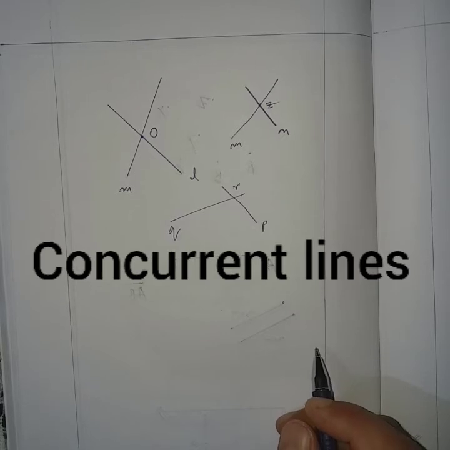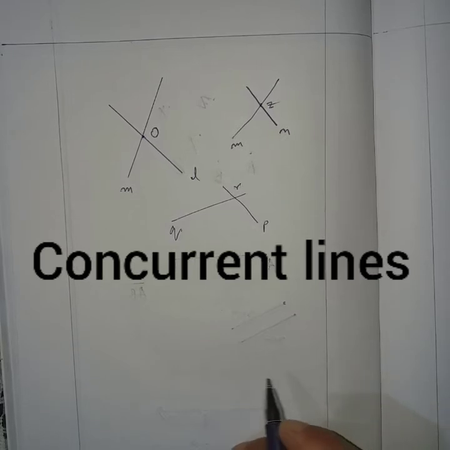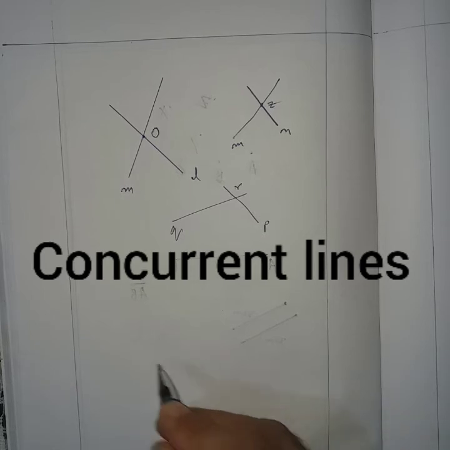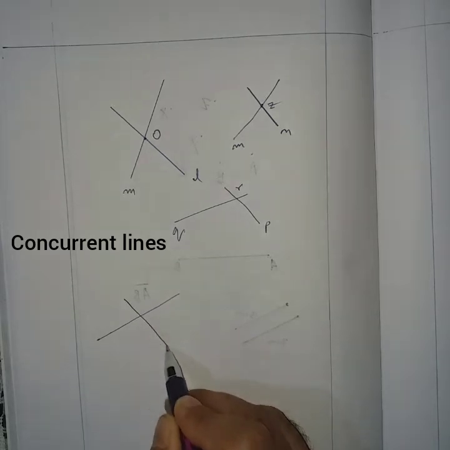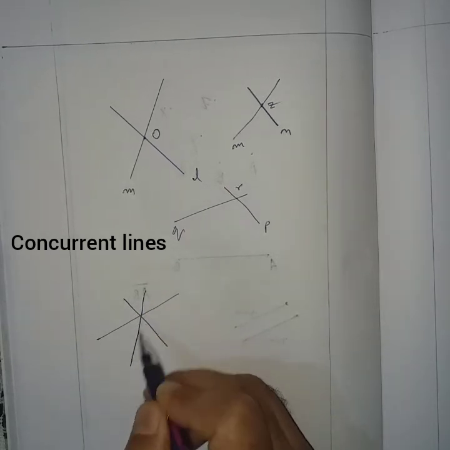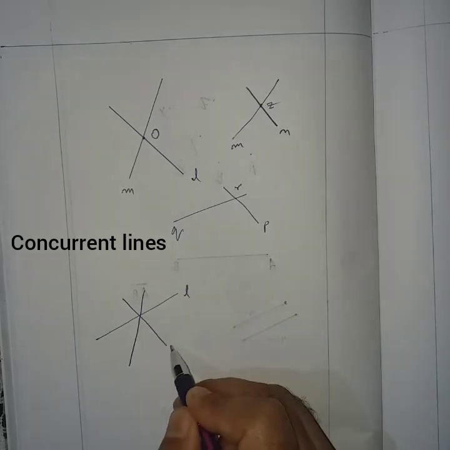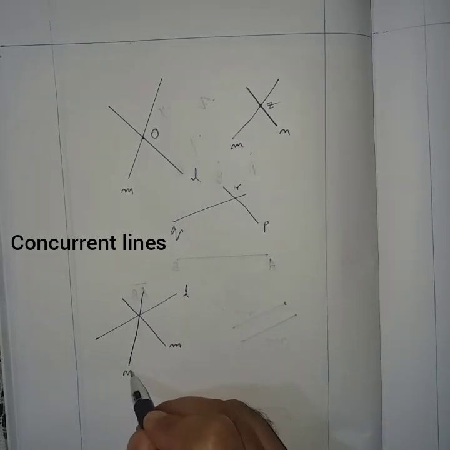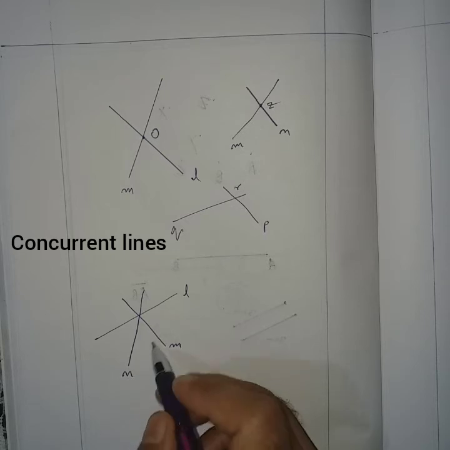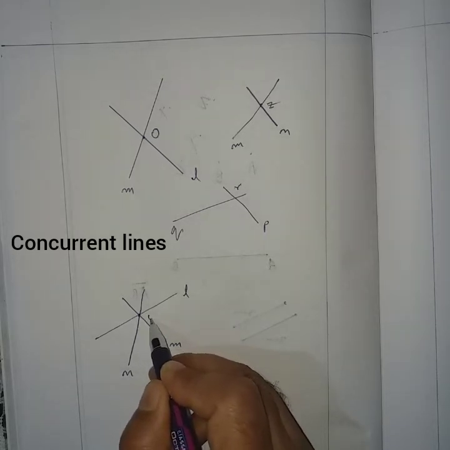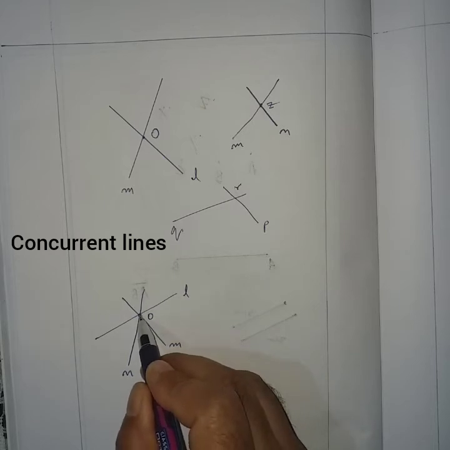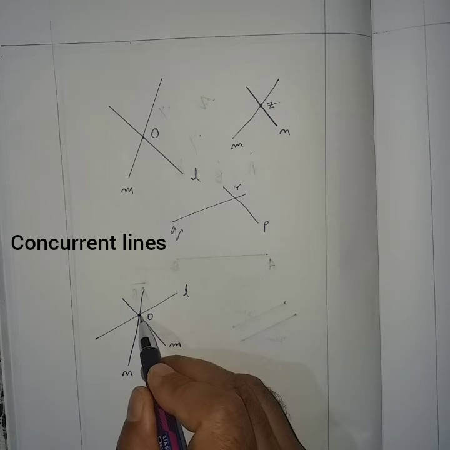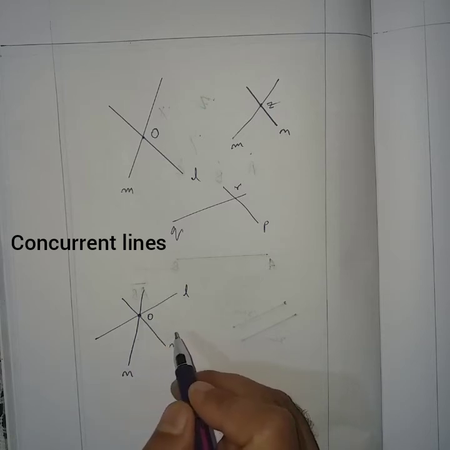Now concurrent lines. In the same manner as intersecting, if more than two lines have one common point, say lines L, M, N, so there are three lines L, M, N, and they have one common point O. This is the intersecting point of three lines. In this case we call these lines concurrent lines.